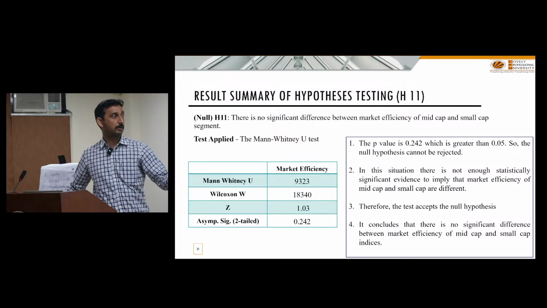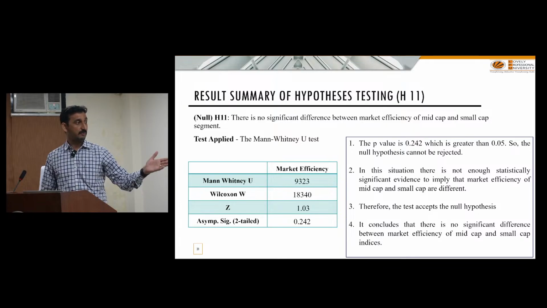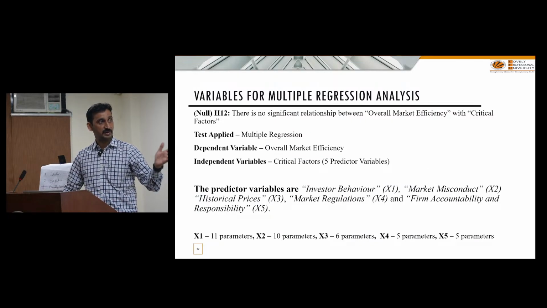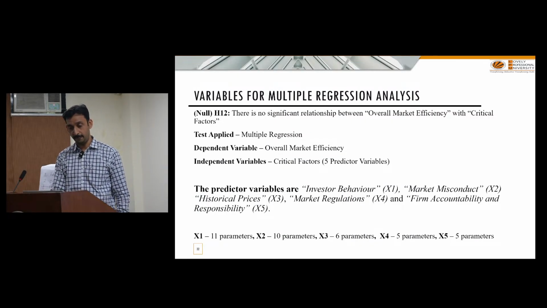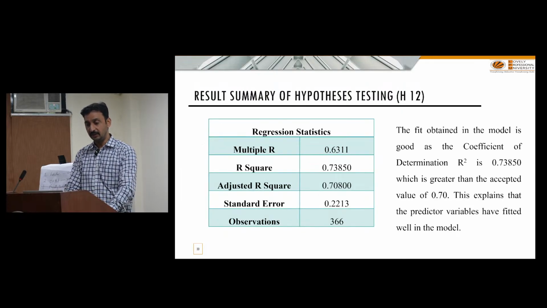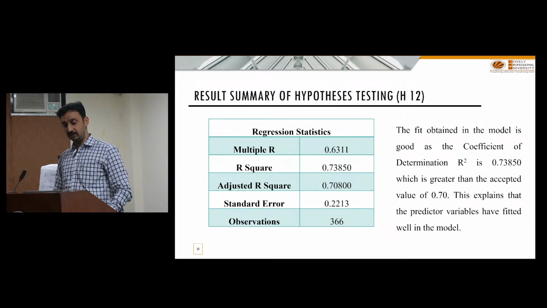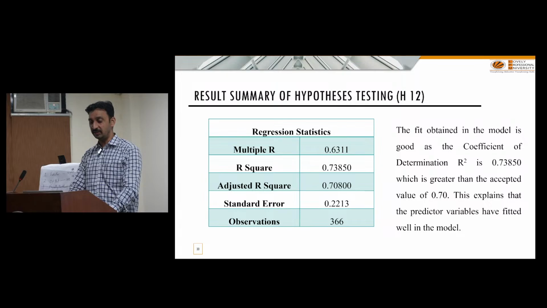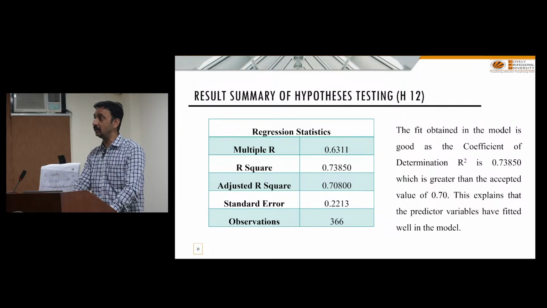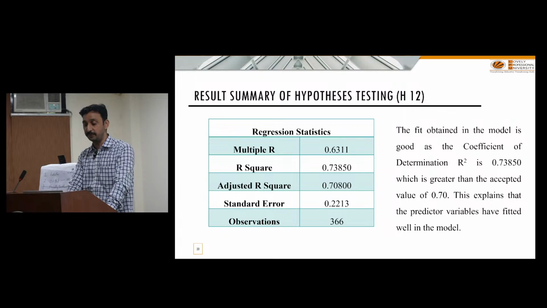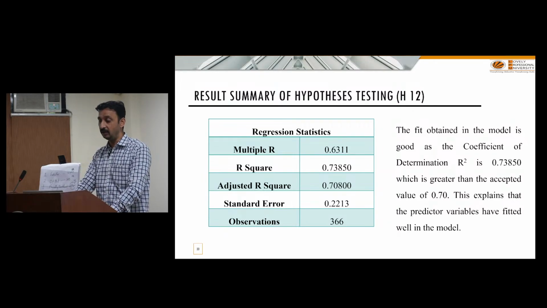As I said, for the first one there are 11 parameters, then 10 parameters, 6, 5 and 5 parameters. So you can see that the R square value is 0.73850, which is greater than the acceptable value of 0.70. So this clearly explains that the predictor variables have well fitted in the model.